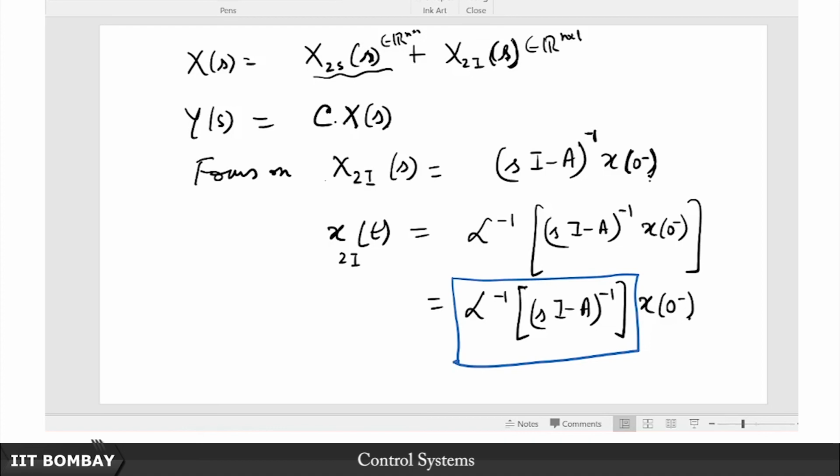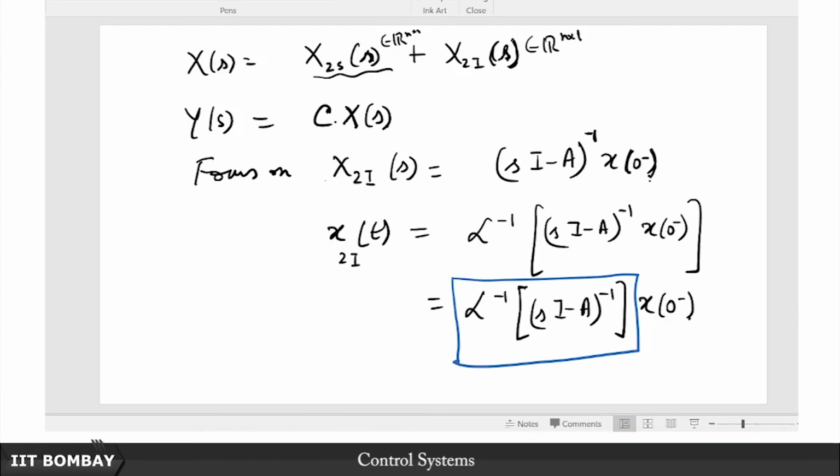The only thing is that now each entry of this matrix inverse is potentially a function of this complex variable s. I have argued to you why each entry of this (sI minus A) inverse can be nothing but a strictly proper rational function.